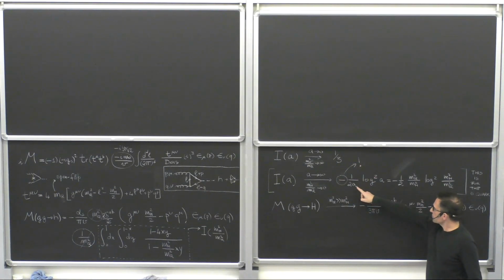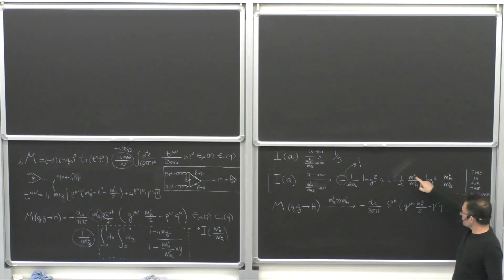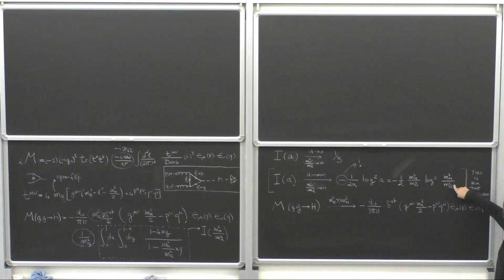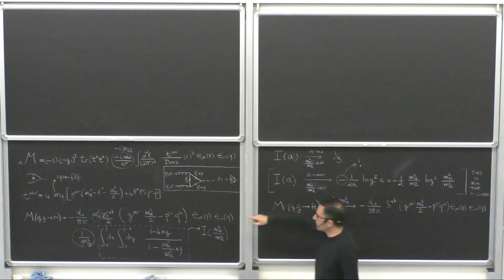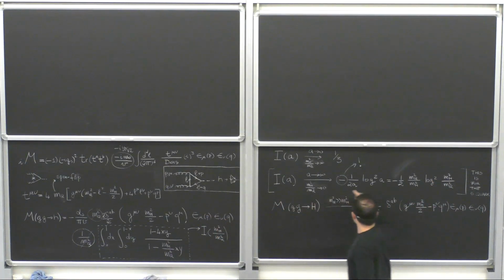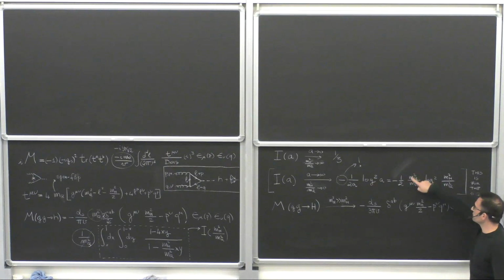So minus 1 over 2a log squared, which if I substitute with the ratio, so it's 1 over a, it's m_q over m_H squared, log squared m_H squared over m_q squared. So when the mass of the quark goes to 0, the whole thing goes to 0, and that's okay, because the power in front wins over the log.